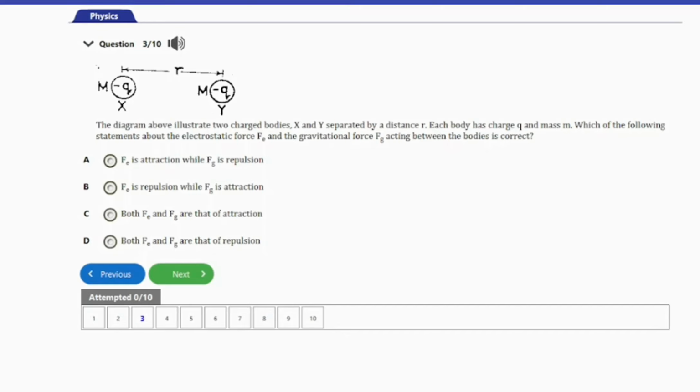Here we have two like charges, and we know that obviously like charges repel. So in this case, you have a negative Q here and a negative Q here showing like charges, and that will be of repulsion. So Fe is that of repulsion while Fg is that of attraction. And that's it for this question, option B. Let's go ahead and consider the next question, guys.